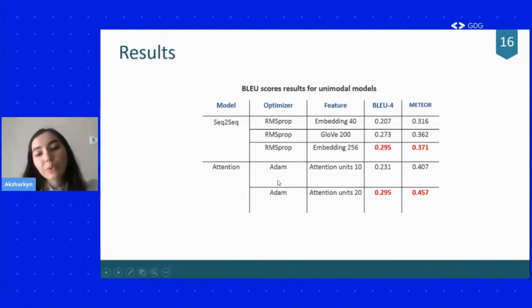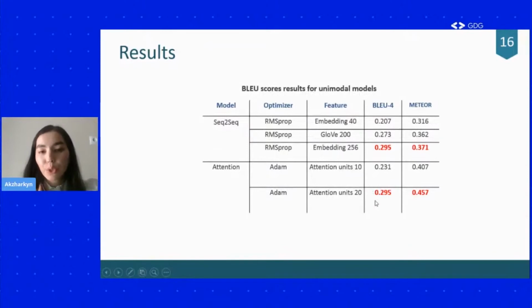And for attention networks, the best optimizer was Adam. I also tried different units. Remember, our attention mechanism consists of different dense layers to calculate the context vector. I tried 10 or 20 units in these dense layers, and the result shows that 20 units performs better.